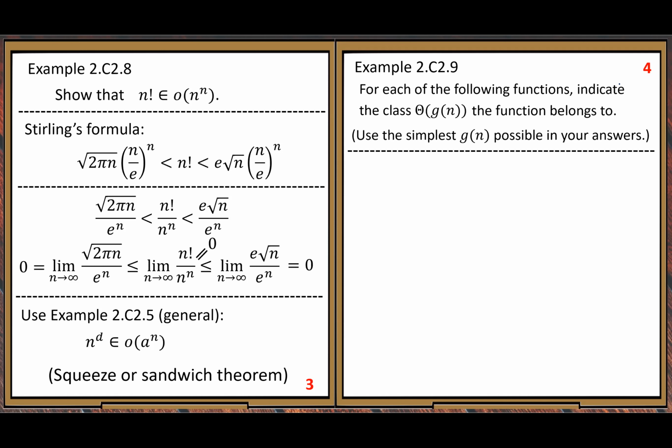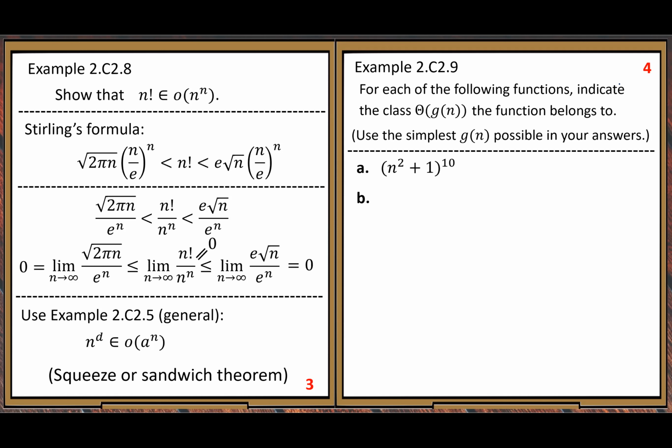A, B, C, D, E. For each function, we want to get the simplest G function. For options A through E, I give you the F function. Find the G of n that is the simplest, and put this function in the big theta of G. That's the requirement we need to do.